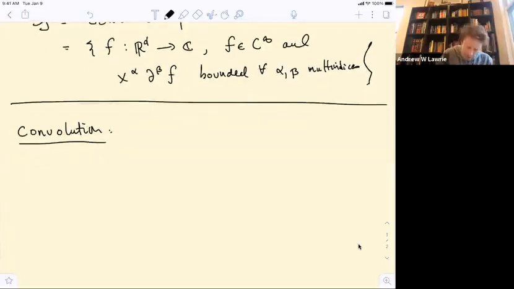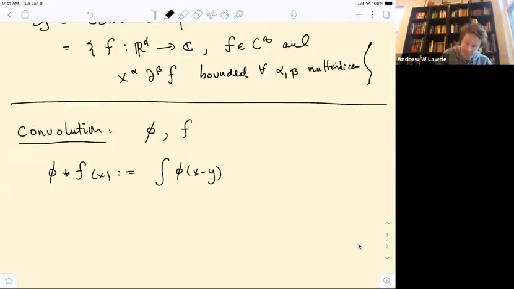So if I have two functions, phi and f, phi convolved with f of x is defined to be the integral of phi of x minus y f of y dy, which, under appropriate conditions, is equal to the integral of phi of y f of x minus y dy.